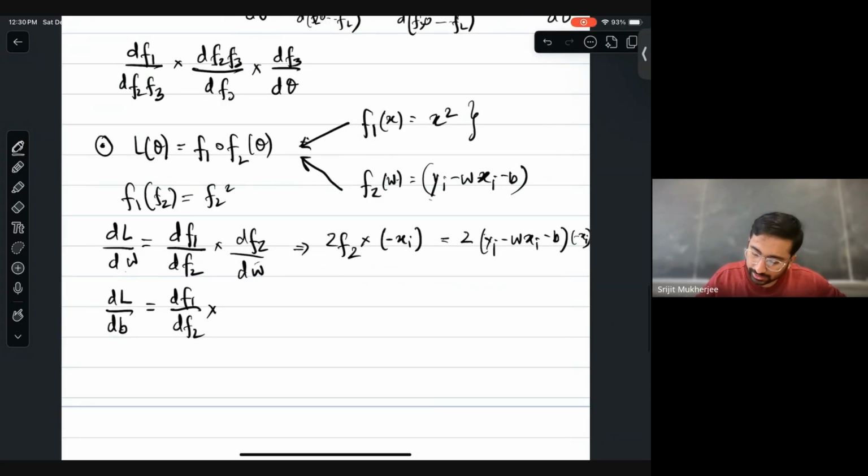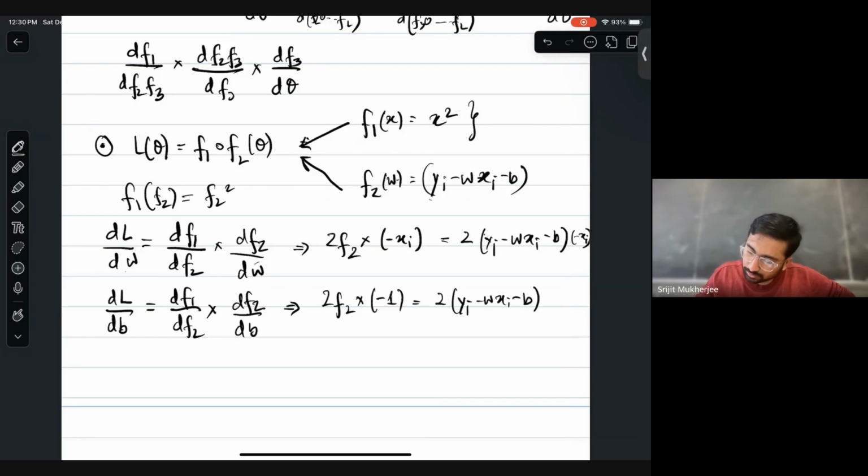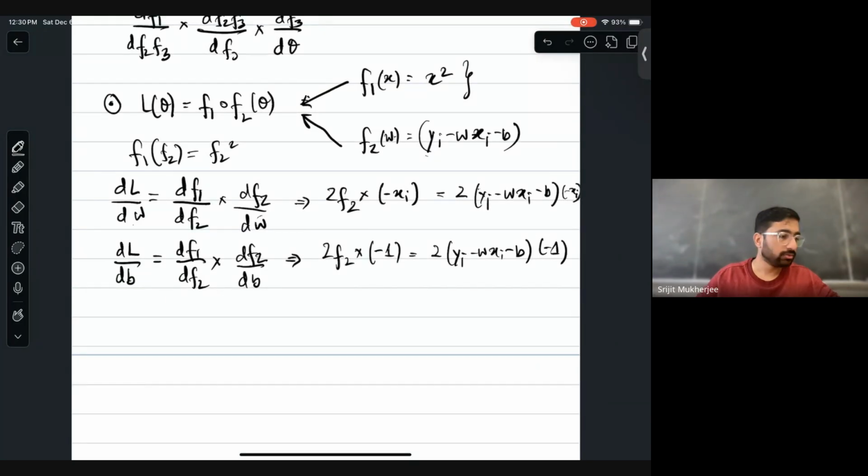And here, the same thing, df1 by df2 times df2 by db, which will turn out to be 2 f2 times minus 1, because you are taking the derivative with respect to b. So it will be 2 times yi minus w xi minus b, into minus 1. This is the derivative with respect to theta.